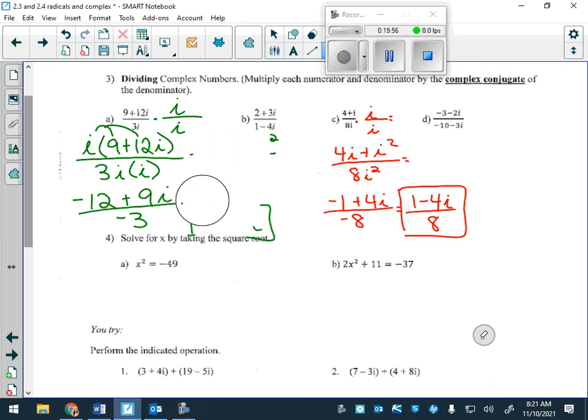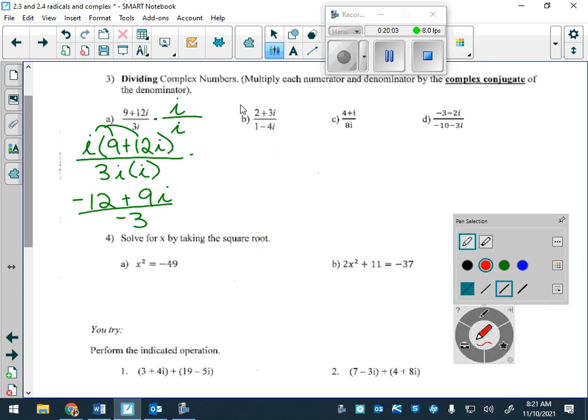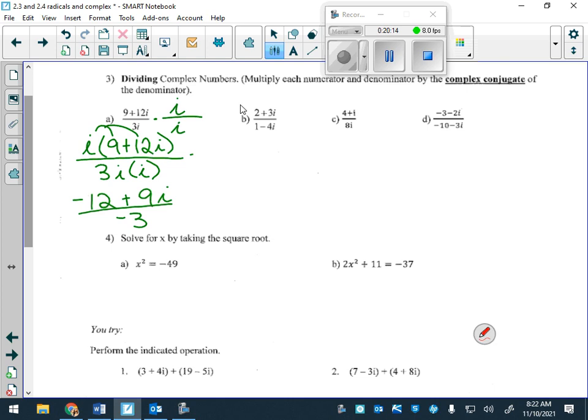These two parts here. So now we have something that's very similar to the last problem of our simplifying radicals with dividing. We have 1 minus 4i in the denominator. What do you think we have to do to get rid of that? I said it before.